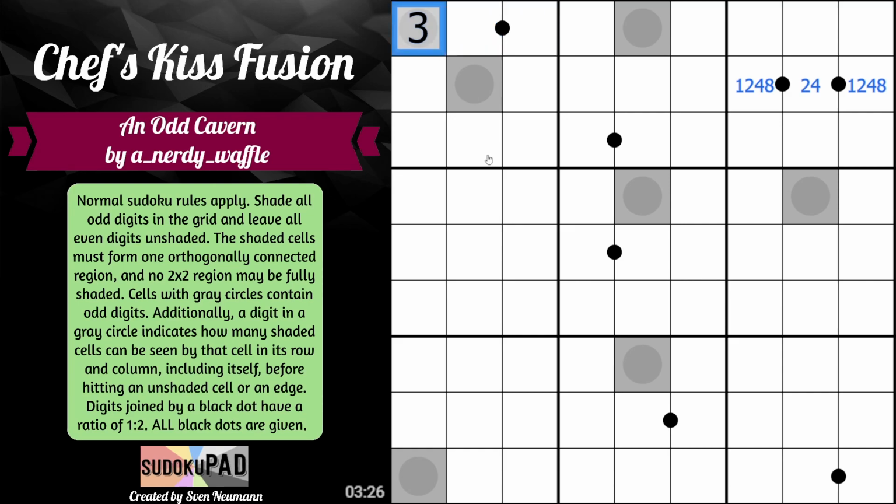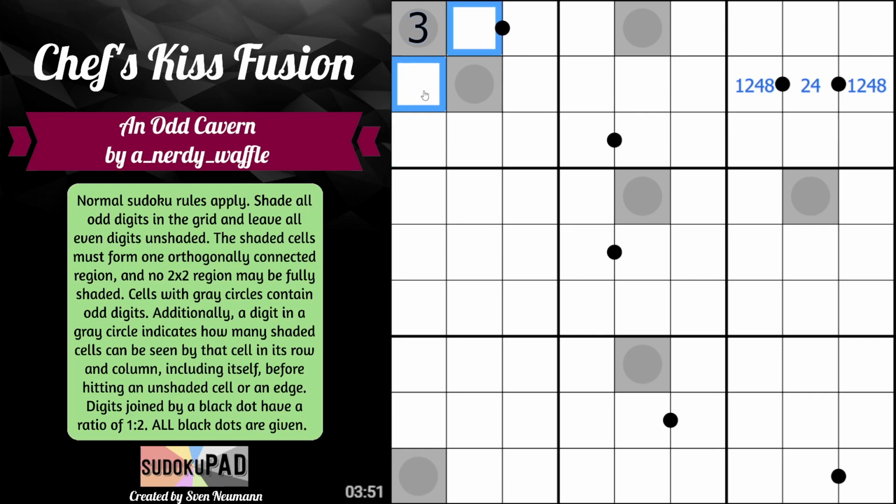And this 3 is also interesting. So going back to what was in the rules, what this 3 means is it sees 3 cells, including itself. So it can see at most 2 other cells. Can it ever see this cell and this cell?